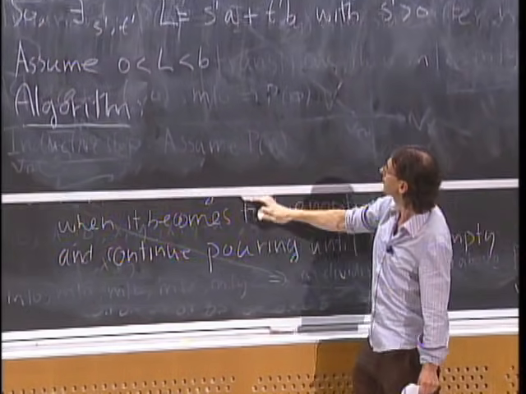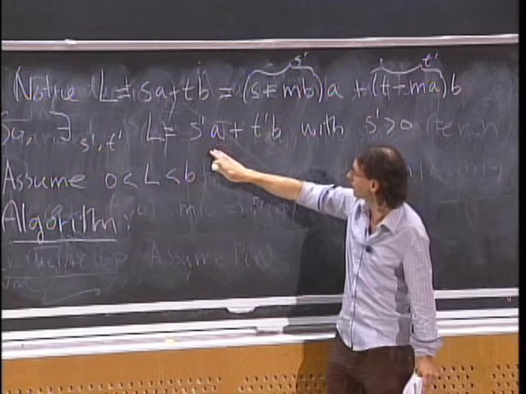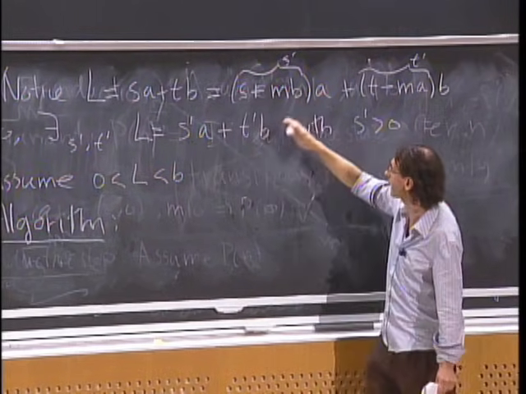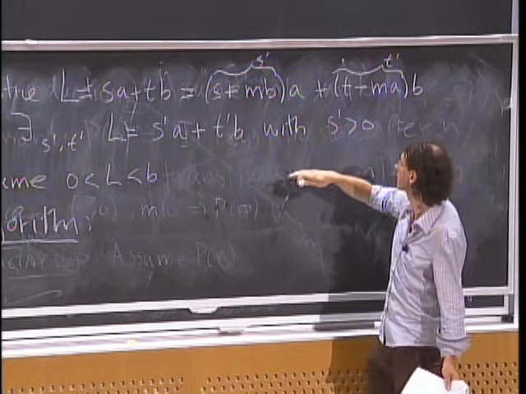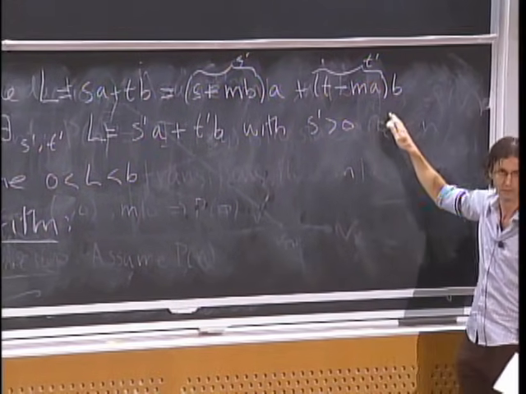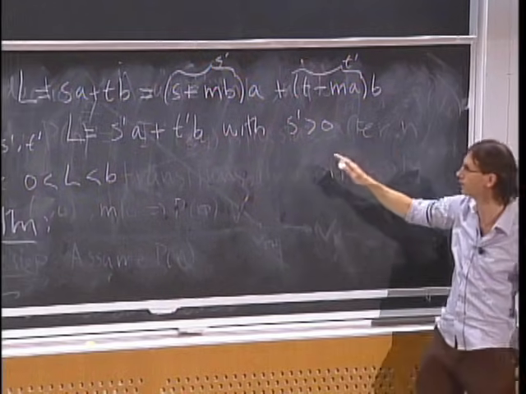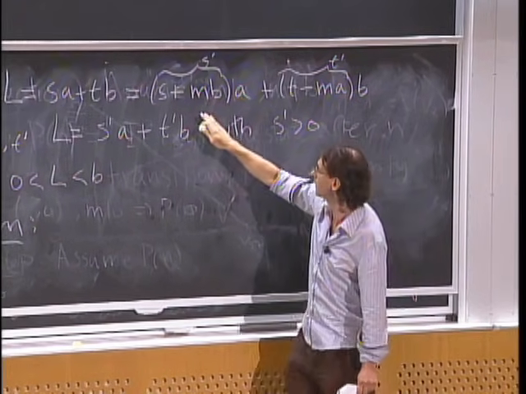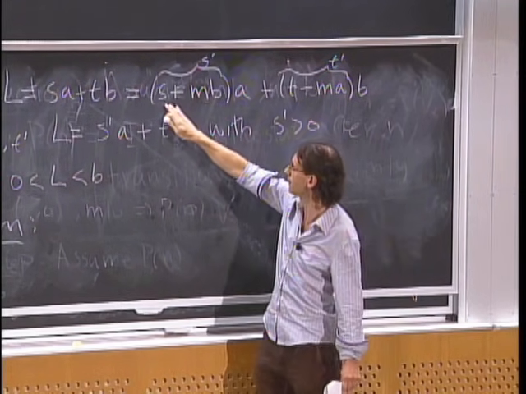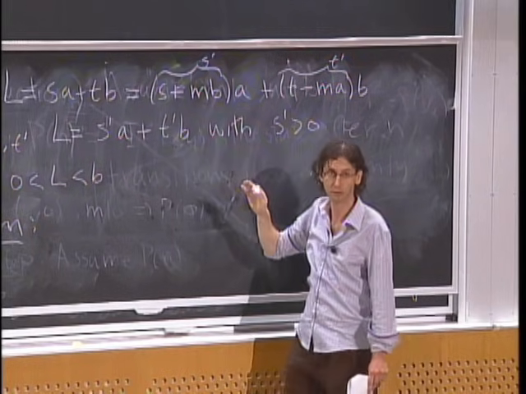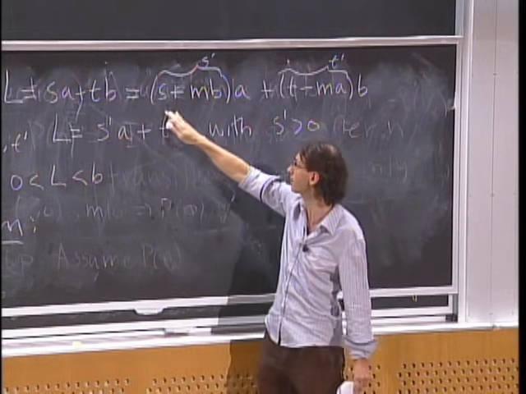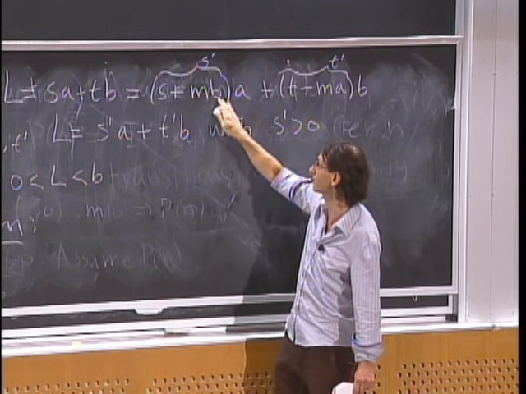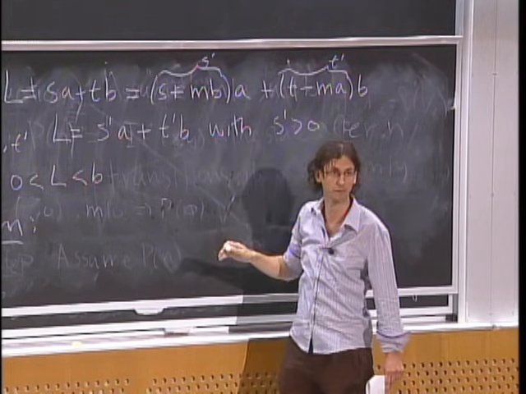In order to create such a positive integer, I can just add like 1,000 times B times A and subtract 1,000 times A times B. That's okay. I can just add a lot. And if I add enough, I can make S plus N times B positive. Even if S is, say, minus 100, well, if I add 1,000 times 5, I will get a positive number.